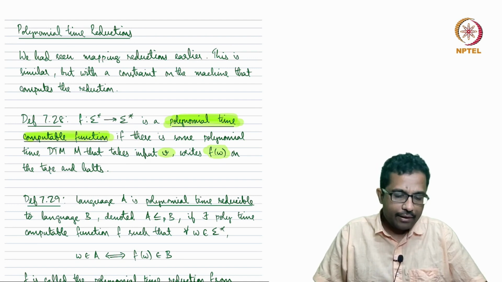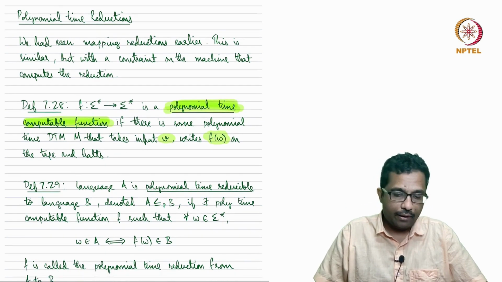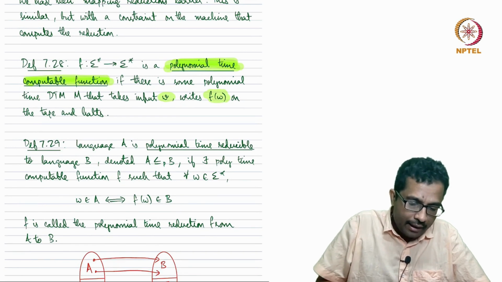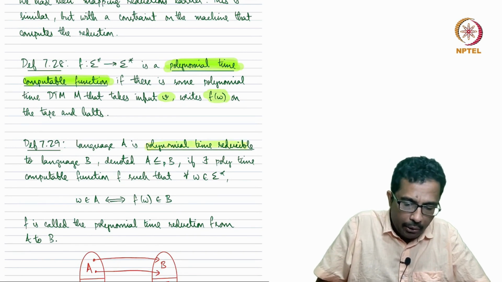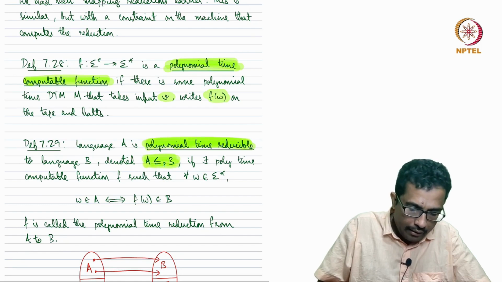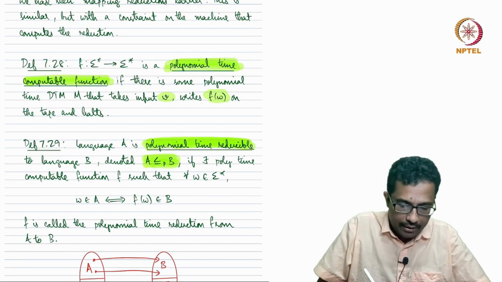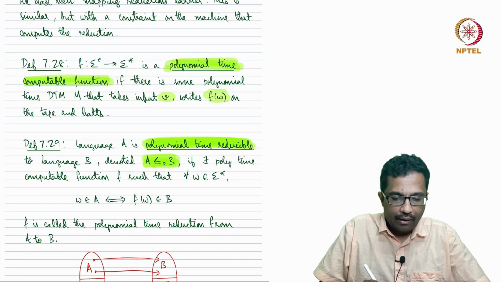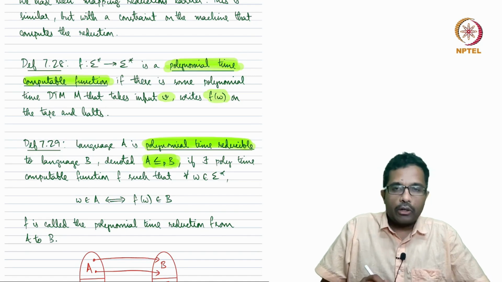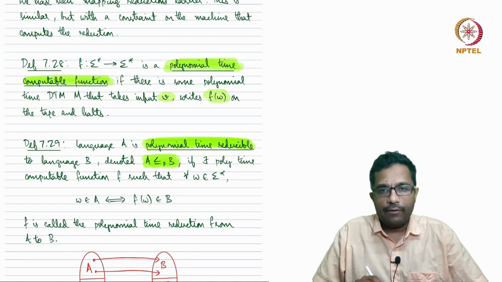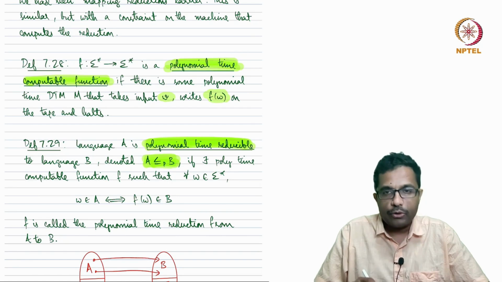So this is the definition of polynomial time computable function, and we say that a language A is polynomial time reducible to language B, denoted by A less than or equal to B with a p subscript, if there is a polynomial time computable function f that constitutes the reduction.